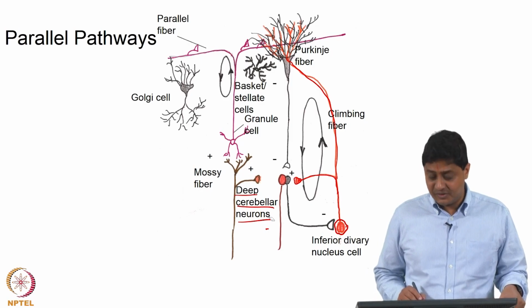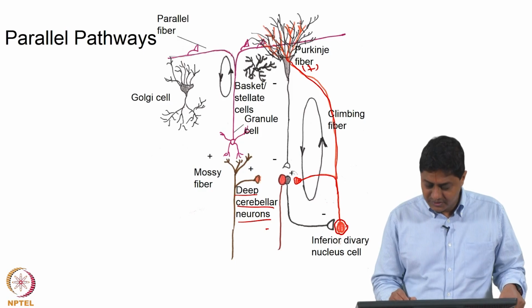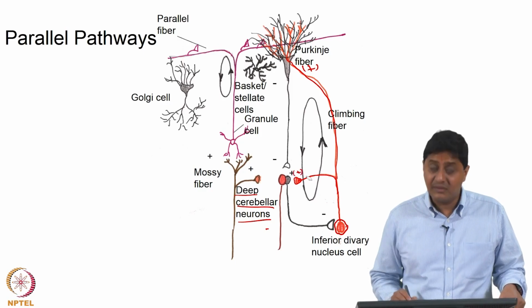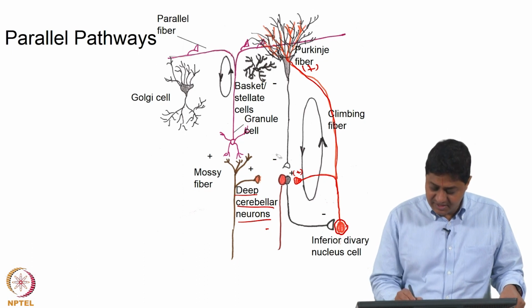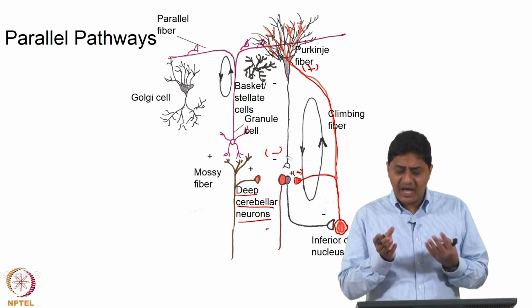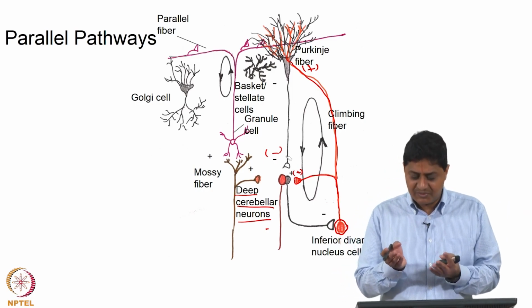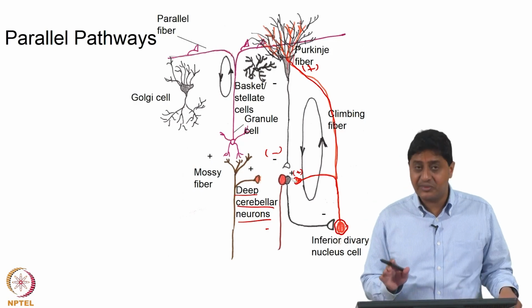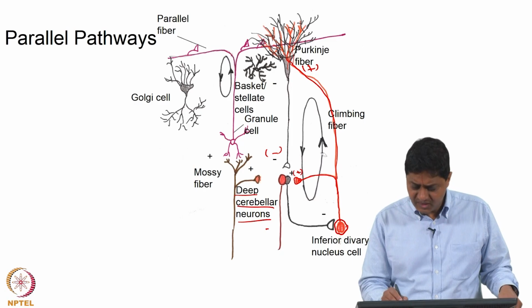Neurons in the deep cerebellar nuclei are also excited by the climbing fiber system, but the Purkinje cell is actually inhibitory. So, what is happening is a comparison of excitation and inhibition, that is probably what is being performed, is it not. So, the Purkinje cell inhibits the deep cerebellar nuclei, right.